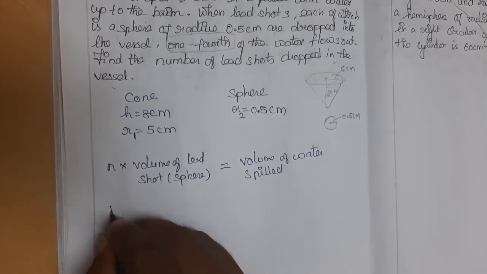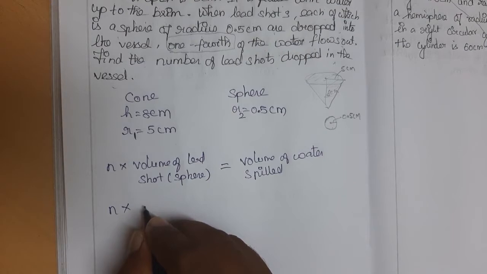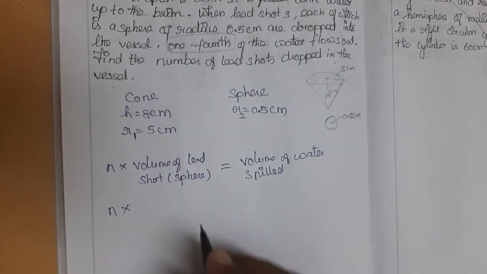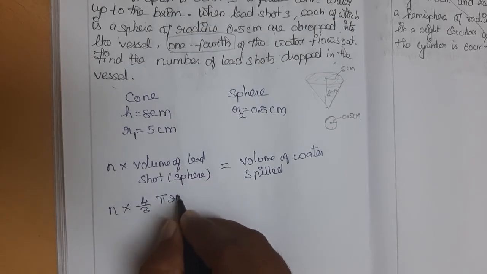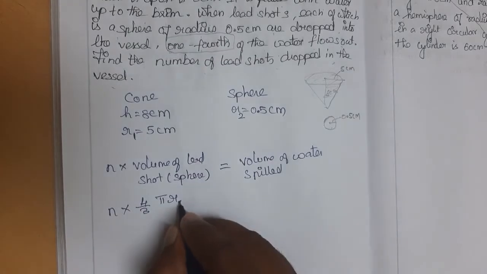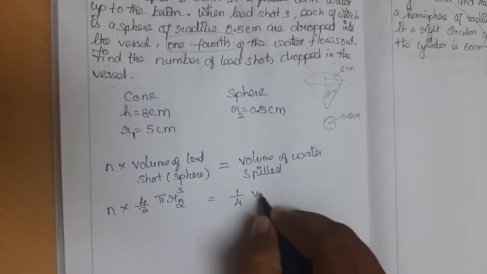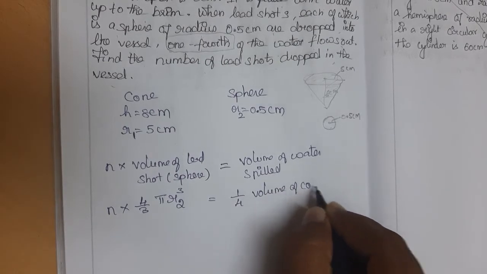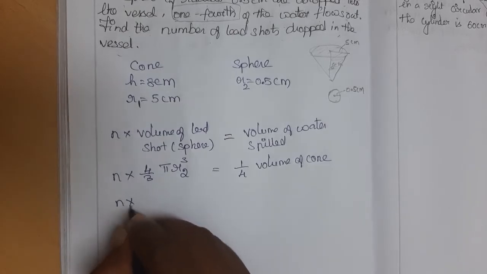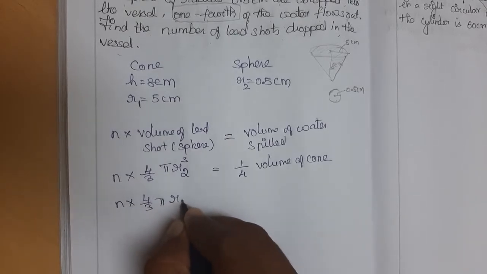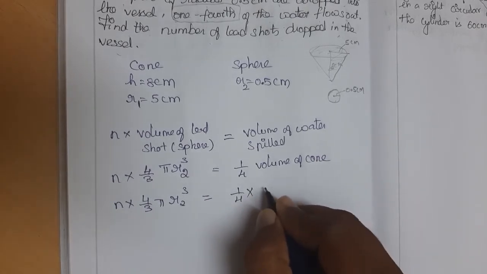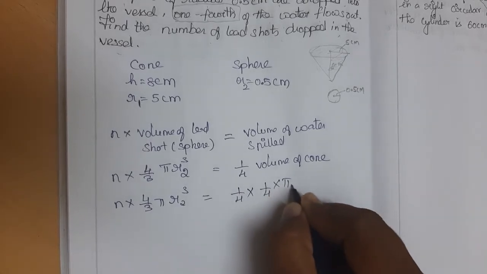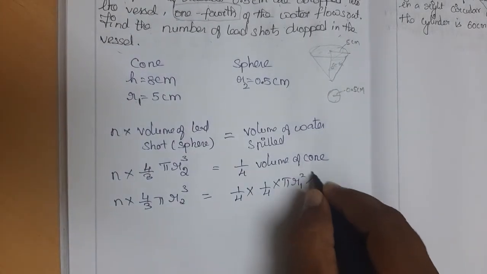So n into 4/3 pi r2 cube is equal to 1/4 of the volume of cone, which is 1/4 into 1/3 pi r1 square h.